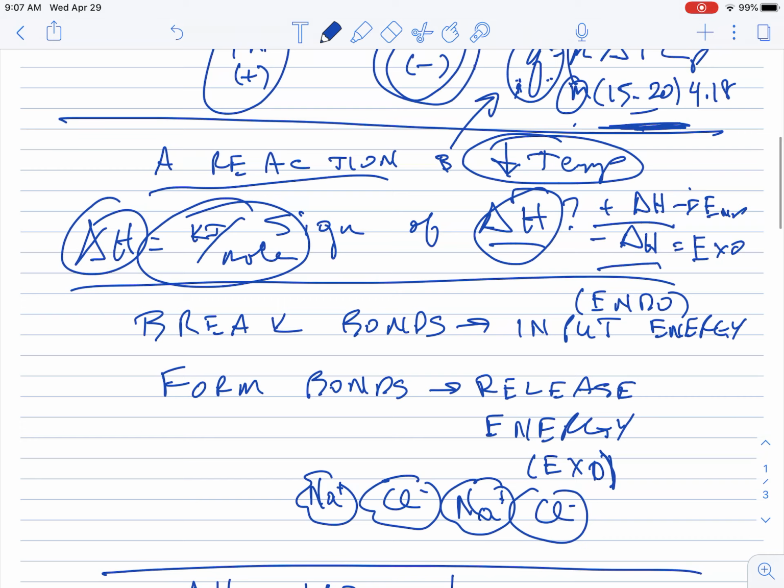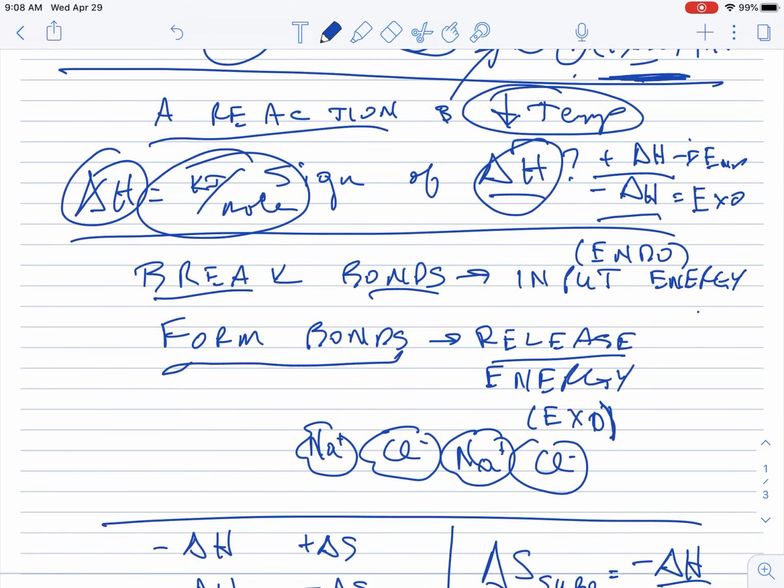Now, here's the other big idea that you're going to need. When you break bonds, that requires an input of energy, and when you form new bonds, that releases energy. It's exothermic. So let's say, for example, you take salt, sodium chloride. Lattice structure, sodium ions, chloride ions. And you dissolve this in water.